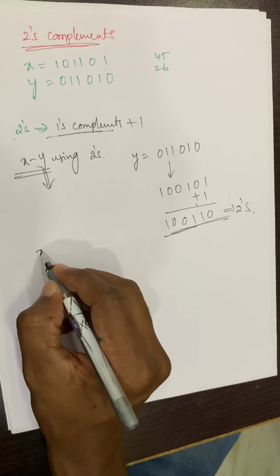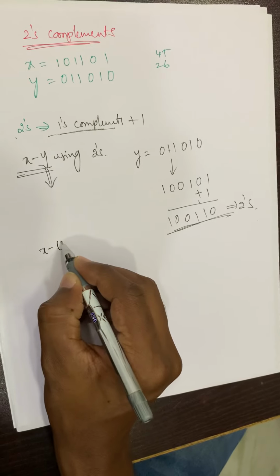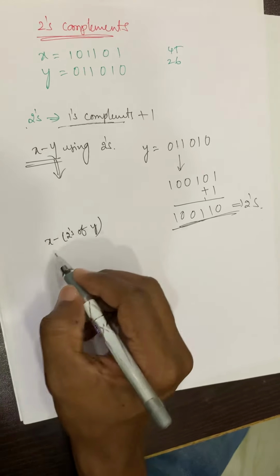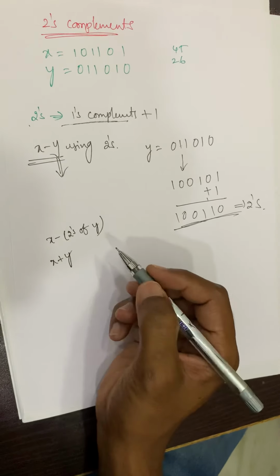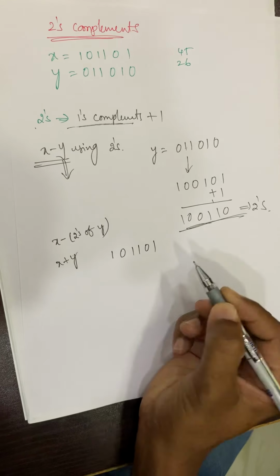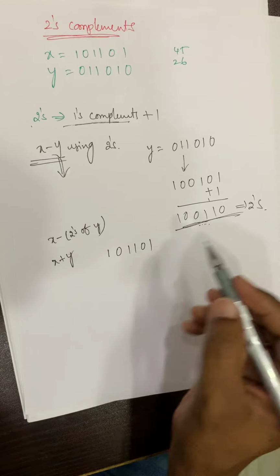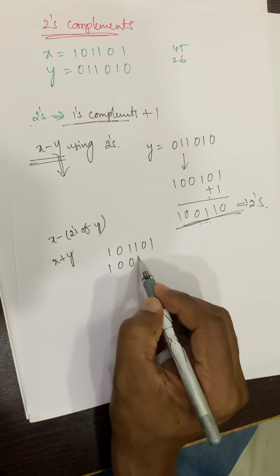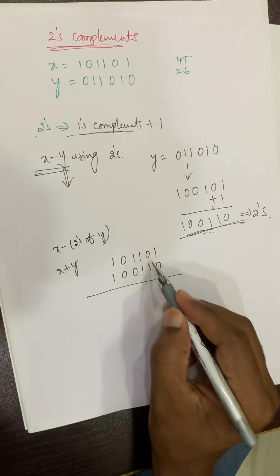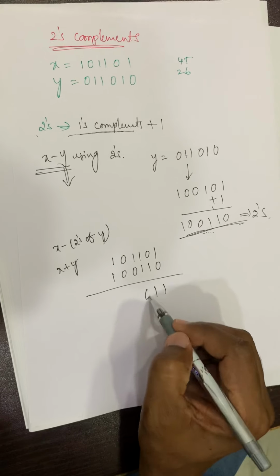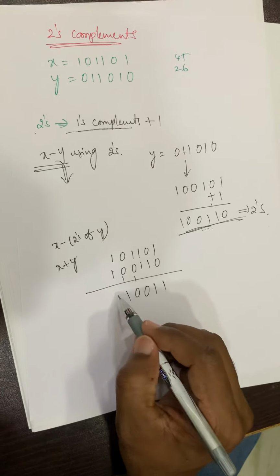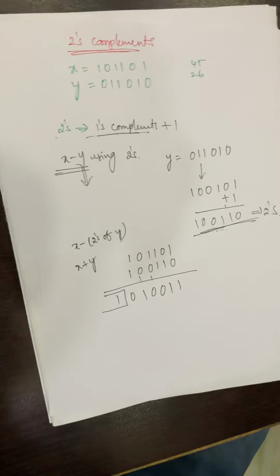Like the same, x minus y becomes x plus the 2's complement of y. So x is 1 0 1 1 0 1, and the 2's complement of y is 1 0 0 1 1 0. 0 plus 1 is 1, 0 plus 1 is 1, 1 plus 1 is 0, 1 here, again 1 plus 1 is 0, 1 here, 0, 0, 1, 1 plus 1 is 0, 1 is the carry overflow.